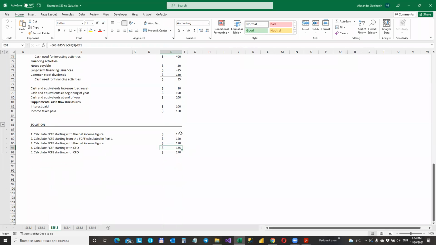And it is the same figure as we have when we started calculating FCFF from net income. So it is pretty much the same approach for calculating FCFE starting from CFO. Please use these cases, use these formulas. It's all for you.